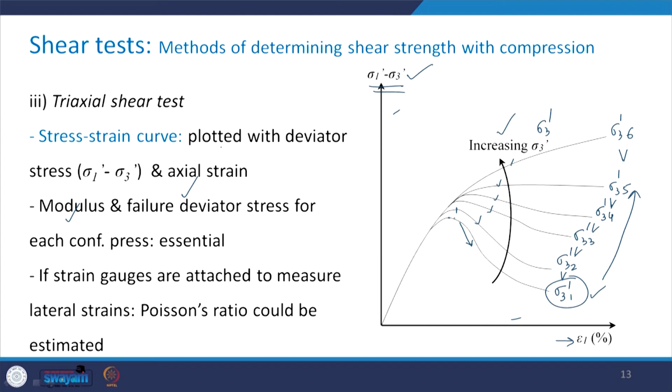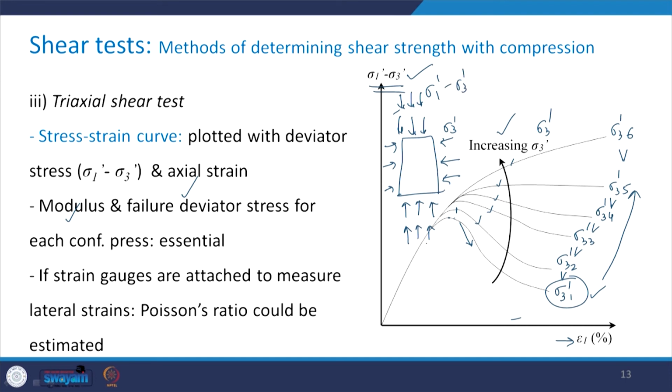Now, in case the strain gauges are also attached in the lateral direction, you see that this is the specimen. Okay, you have the all around confining pressure first. So, this is your sigma 3, and then we increase the axial stress, which is sigma 1 prime minus sigma 3 prime.